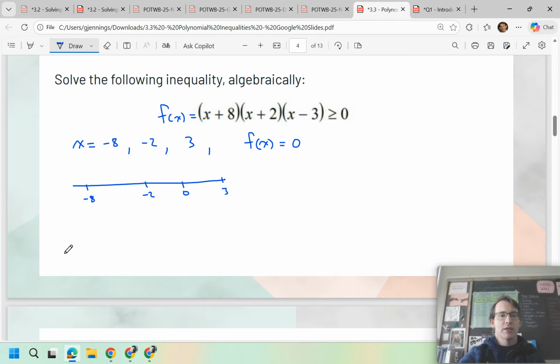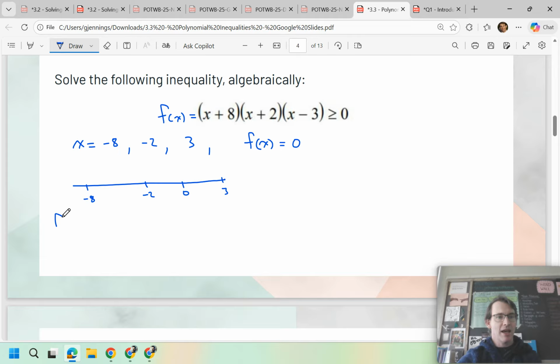All right? So I know that this thing crosses the x-axis at those x values. So it's going to possibly, maybe one of them's a bounce, but it's going to possibly change its value and go from negative to positive or positive to negative at those points. So I can test different values and find out what happens for those different points.